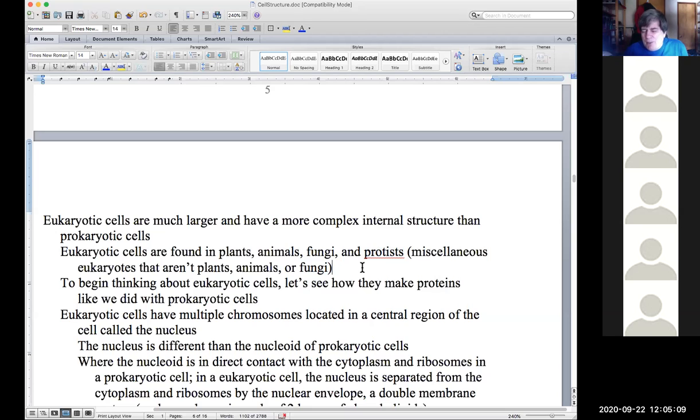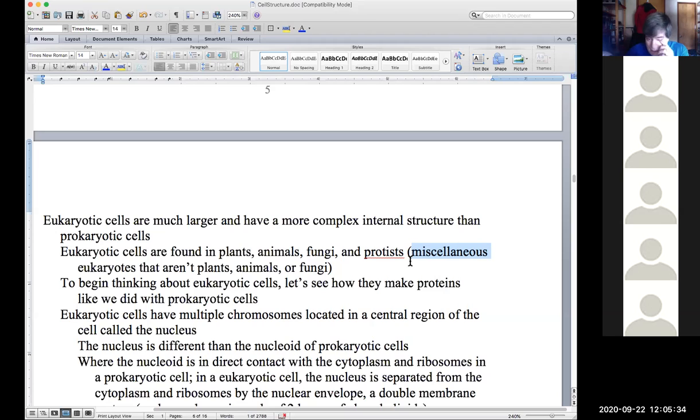But you always end up with a pile of stuff that doesn't fit into any category. It's kind of the junk. And that's what protists are. Protists are kind of the miscellaneous category. They have eukaryotic cells, so they have cells with a nucleus and membrane-bound organelles, but they don't resemble plants or animals or fungi enough to put them in those categories.